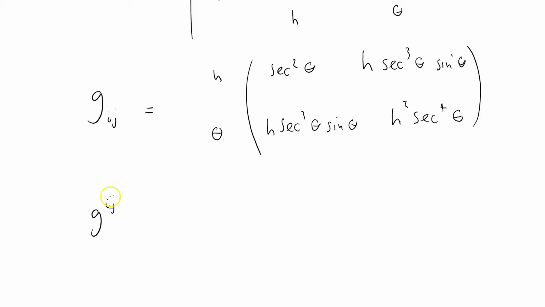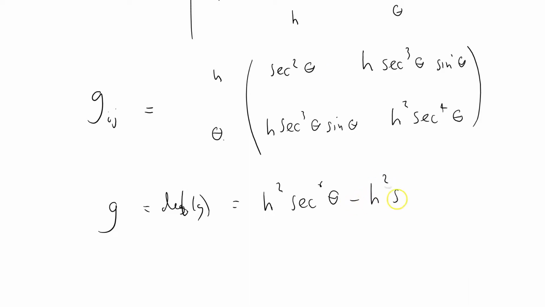Now I need to invert it. That's the matrix inverse of this matrix here. And I can never remember the formula. As much as anything, I just wanted to show you how complicated all this stuff is. Let's work out the determinant of g in this particular coordinate system. That's h squared sec to the 6 theta, the product of these, minus h squared sec to the 6th theta sine squared theta.